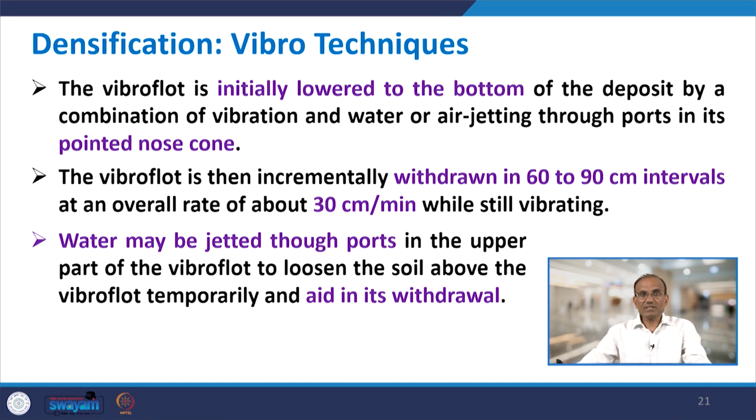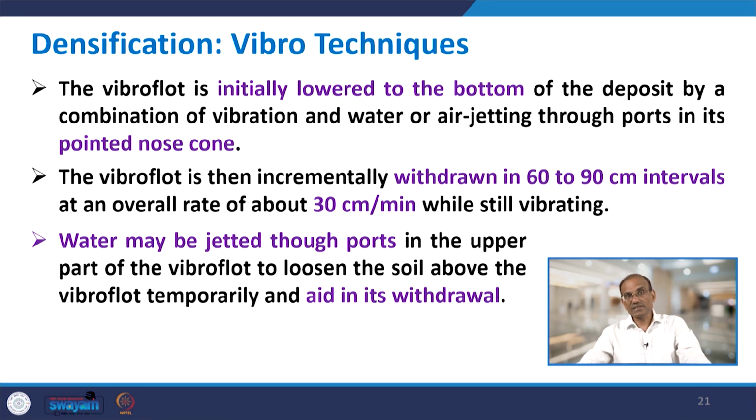The vibro float is then incrementally withdrawn in 60 to 90 centimeter intervals at an overall rate of over 30 centimeter per minute while still vibrating. Water may be jetted through pores in the upper part of the vibro float to loosen the soil above the vibro float temporarily and aid in its withdrawal.